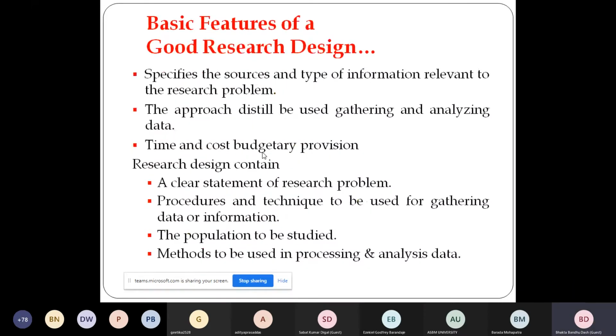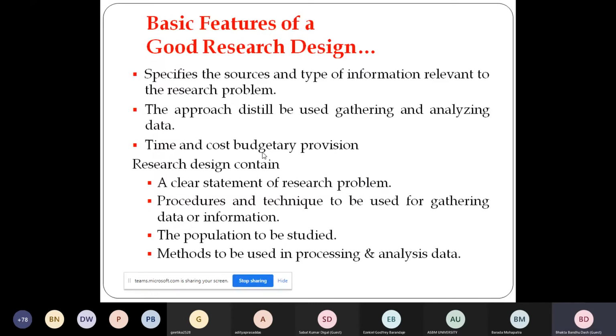As I tell you, the basic features of a good research design is that it is a specific source and type of information relevant to the research problem. And the approach to be used for gathering, analyzing data, time and cost, budgetary provision. How much time, how much money is required to undertake the research, it has to be clear.